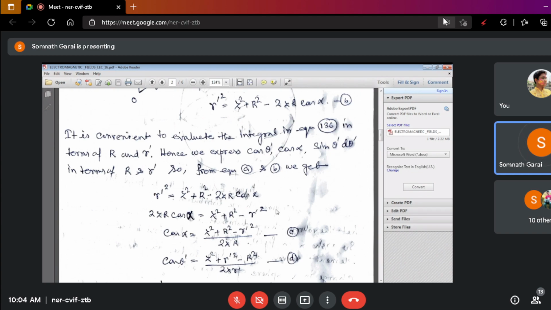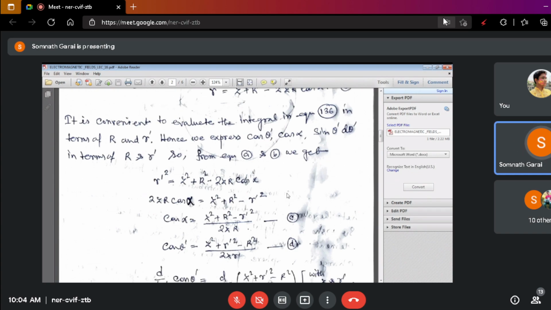Now, from this equation, we can calculate cos alpha in terms of capital R and small r dot, which is z square plus capital R square minus r dot square divided by 2z capital R. And that is equation number C.